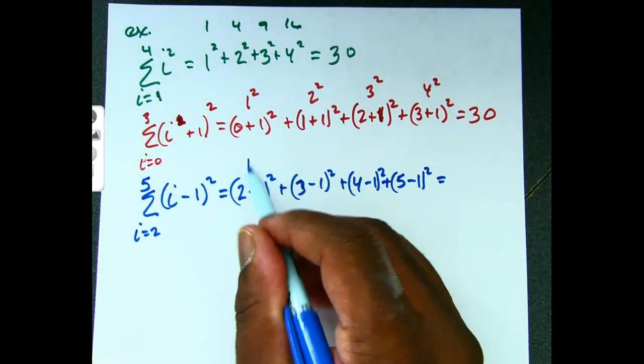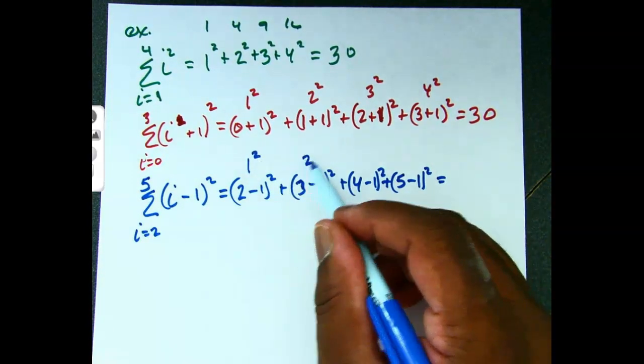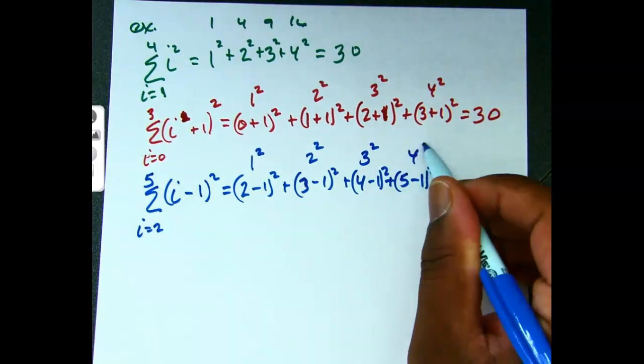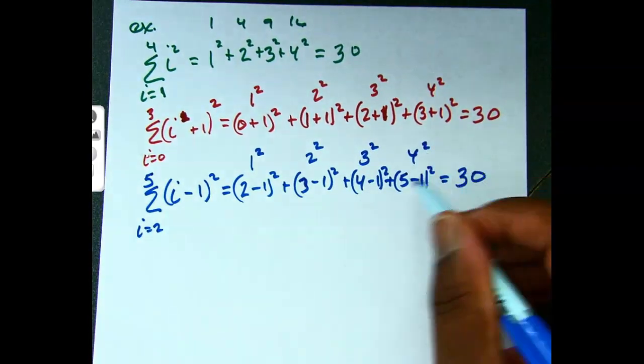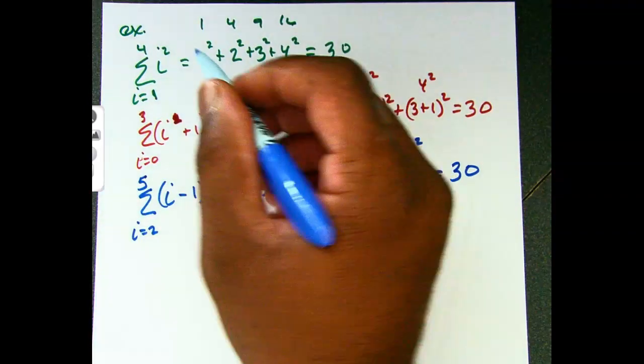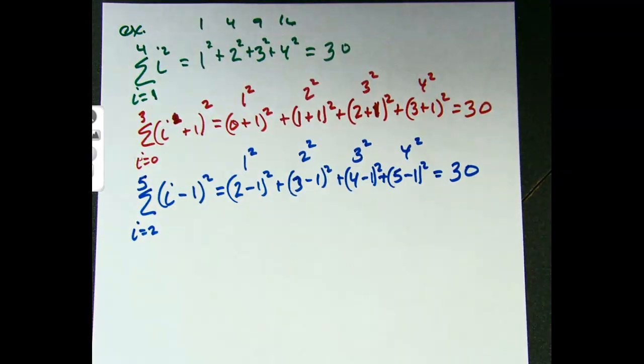Okay, so that gives us 1 squared, 2 squared, 3 squared, 4 squared, which is exactly what we started with. So again, there's multiple representations of this original summation. So be aware of that.